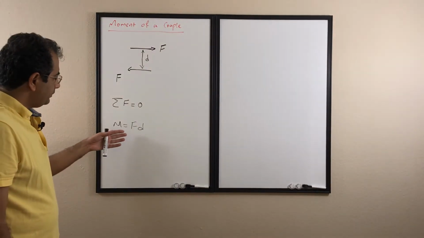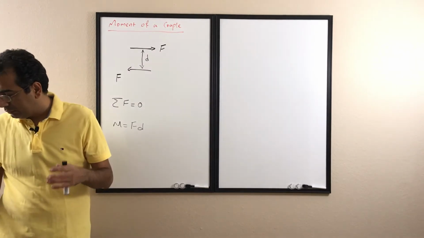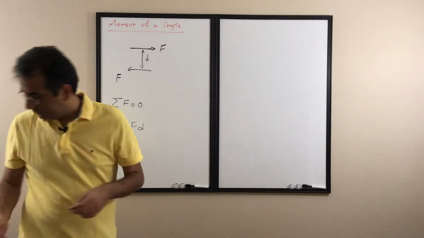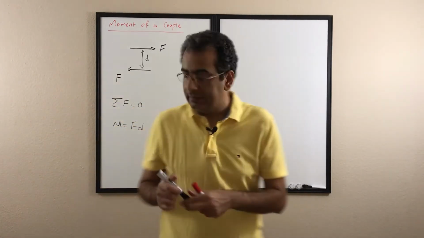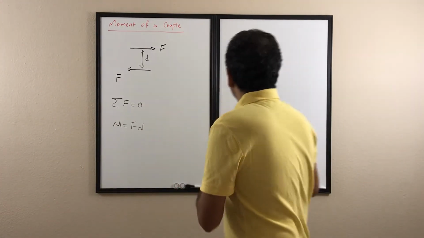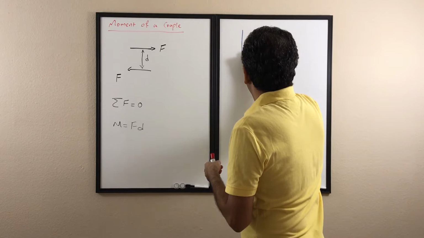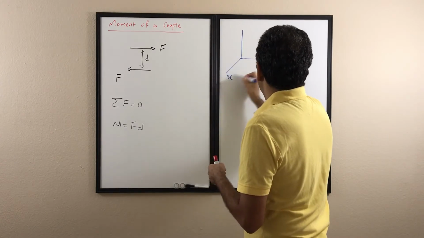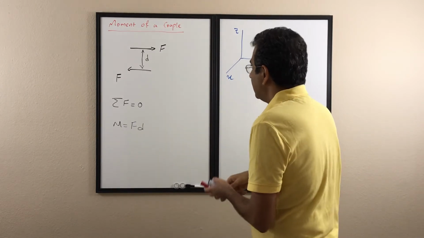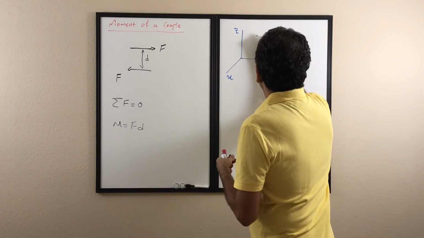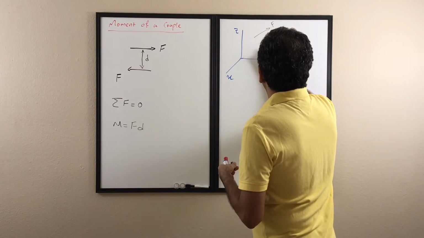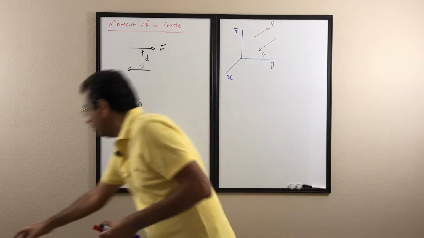And if we want to look at it in 3D, let's say I have x, y, z, and then I have two forces anywhere, equal and in opposite directions.